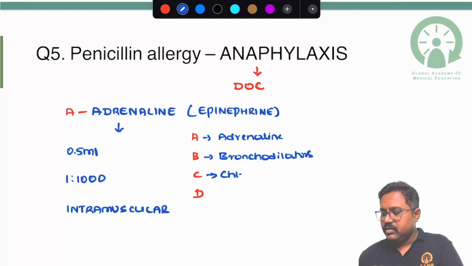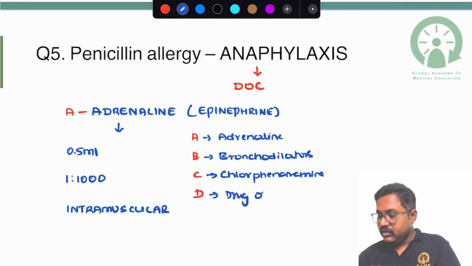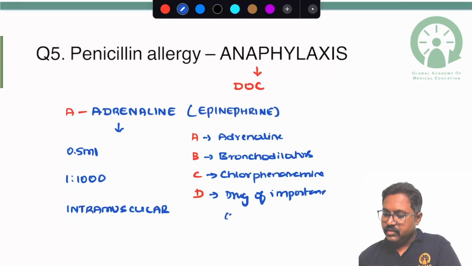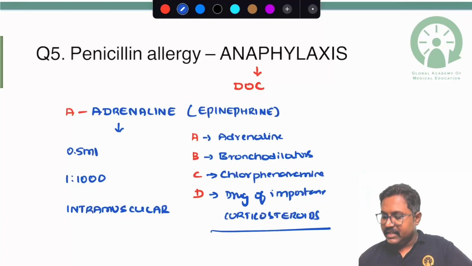C is chlorpheniramine maleate, an antihistaminic drug. And also you give a very important drug, the drug of importance. Which will be the drug of importance? That is corticosteroids. This will be the life-saving drug. So the drug of choice in case of anaphylactic shock or anaphylactic reaction is adrenaline.